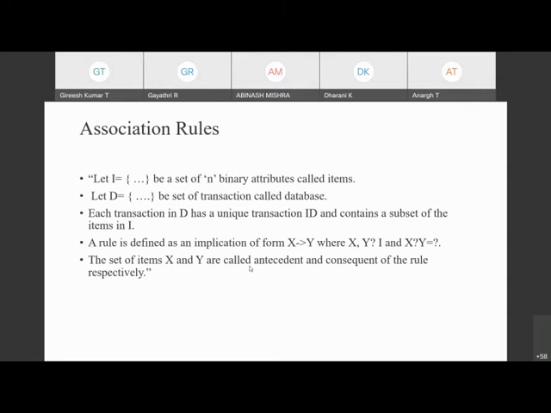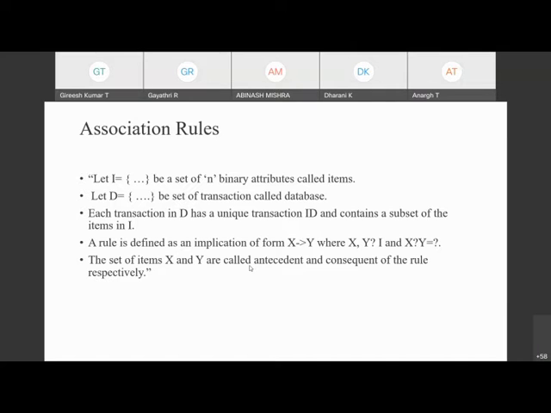So what is the formal definition of association rules? Let I be a set of n binary attributes called items: item number 1, item number 2, item number 3, up to item number n, whatever may be the items.